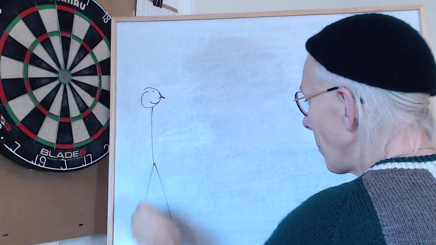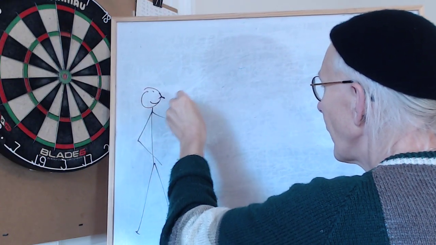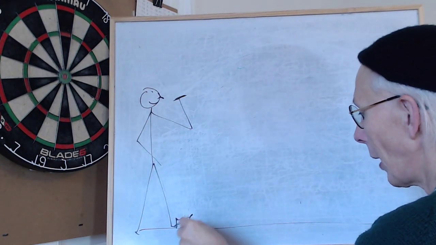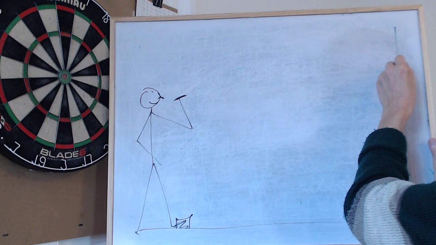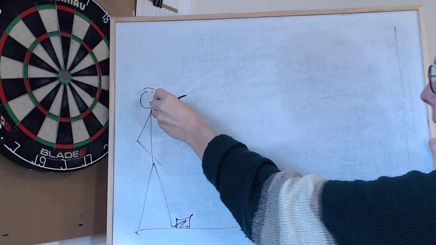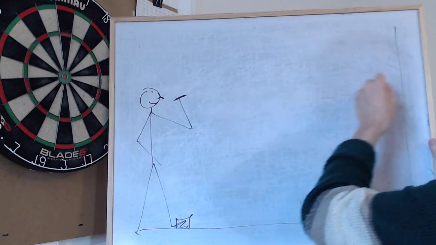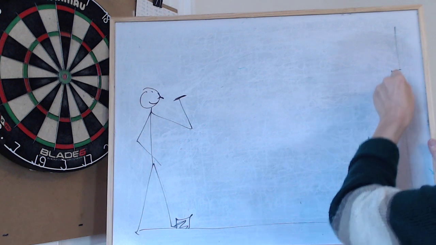Pretty used to drawing him by now. Okay. He's legal, he's standing behind the oche there, and then we've got the dartboard here. I've got to get this right here. So someone told me if they're 6 feet something, their eye is in line with the bullseye. So that's a fairly tallish dart player there.